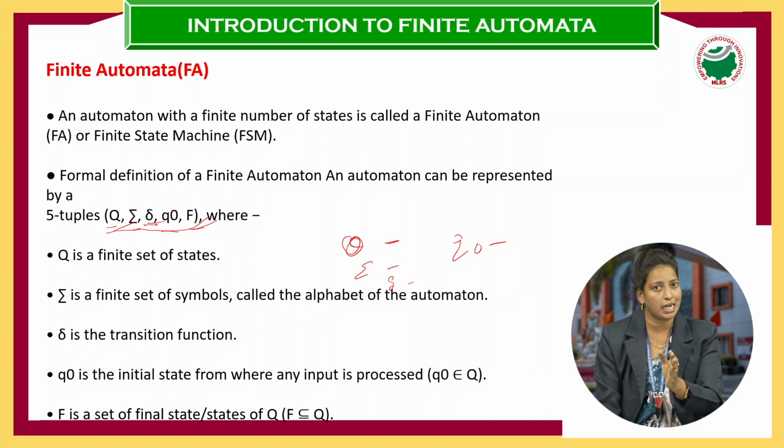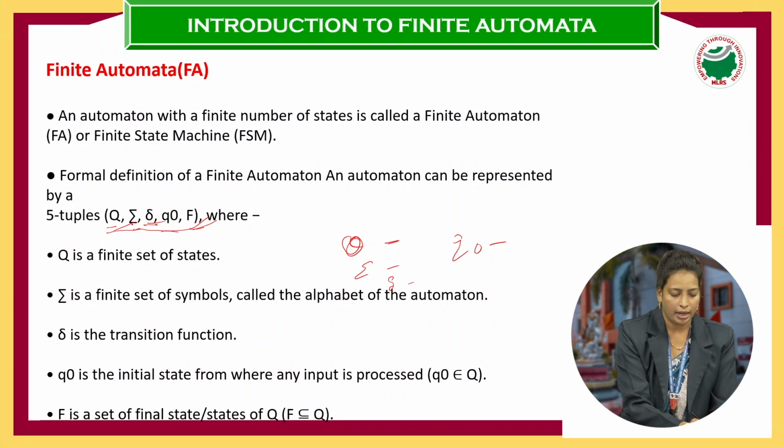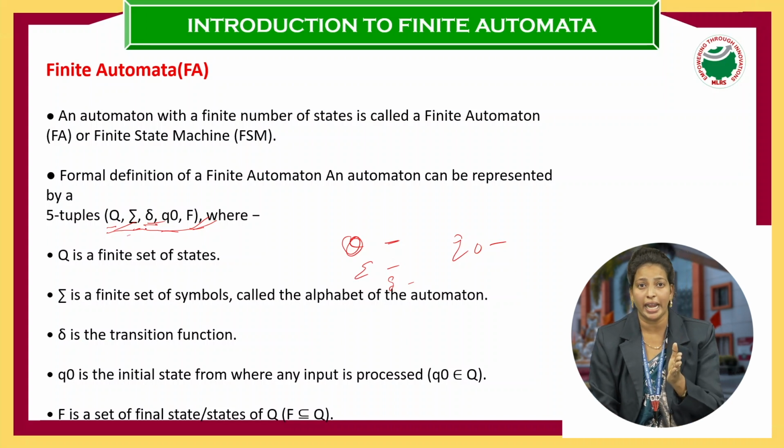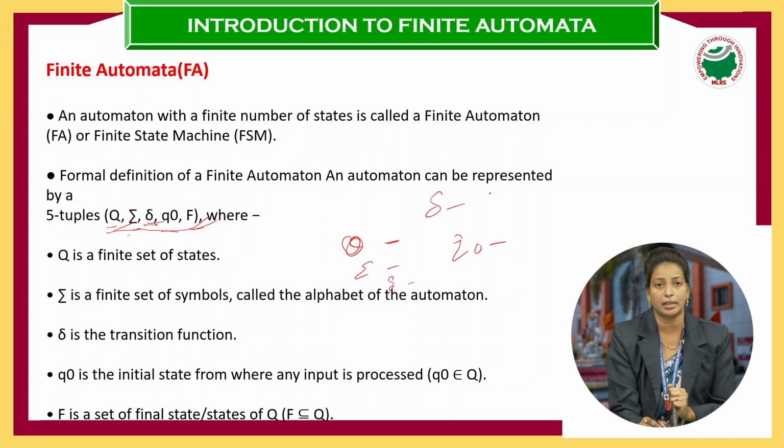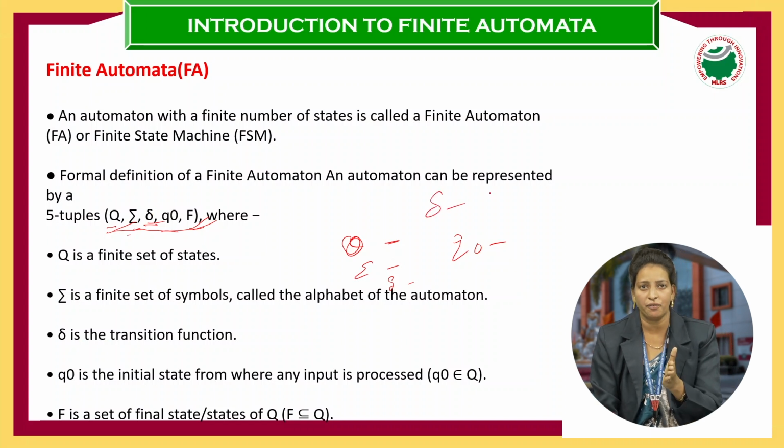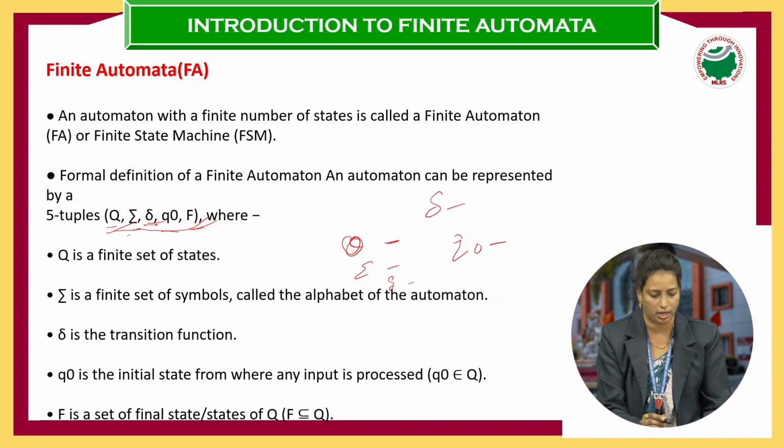A state can be represented as a circle. Next, sigma indicates a finite set of input symbols. Next, delta indicates the mapping function or transition function. Mapping function is also called transition function.